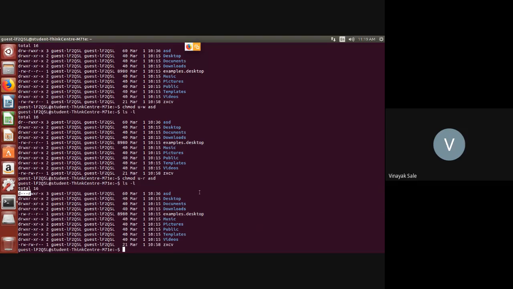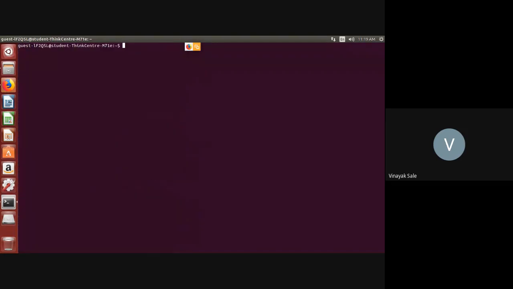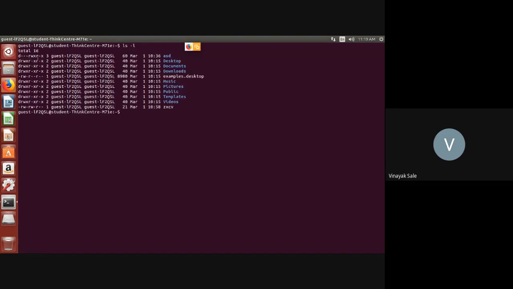Okay, see, suppose you want to remove these three permissions, read write execute, of the group.